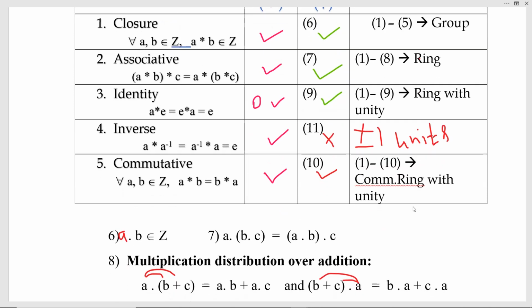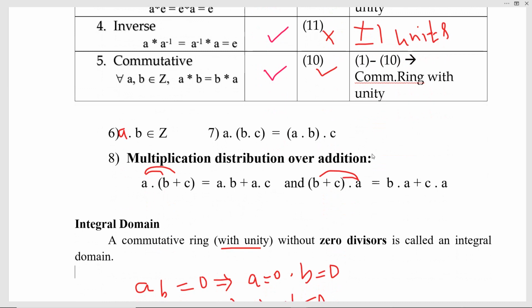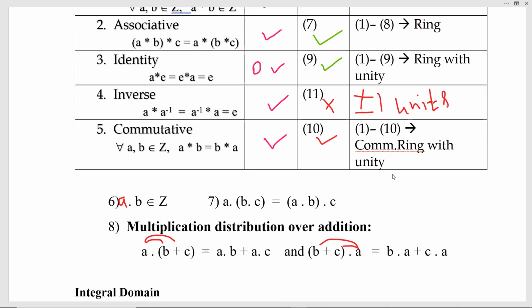And also if it has no zero divisors and satisfies the commutative property, so conditions 1 to 11 and no zero divisors, this is called a field. So I started with group and ended with field. I repeat for field again.